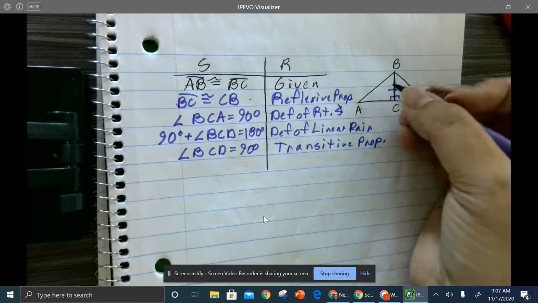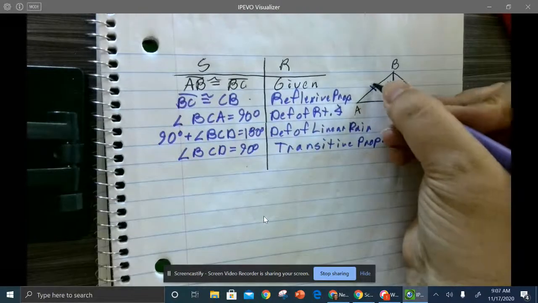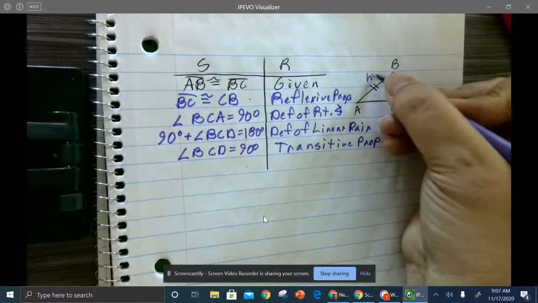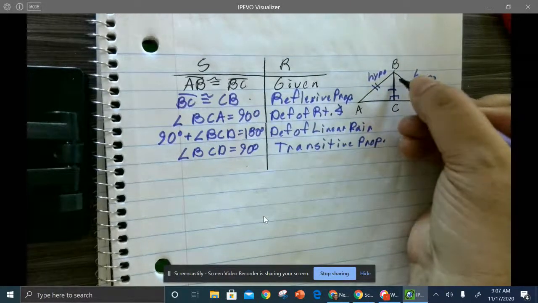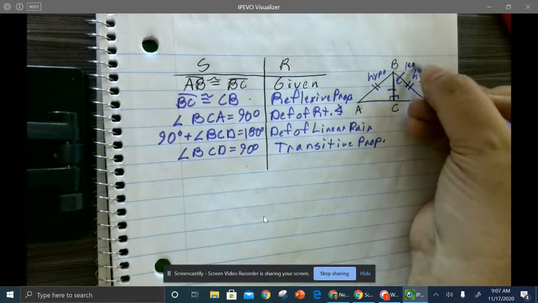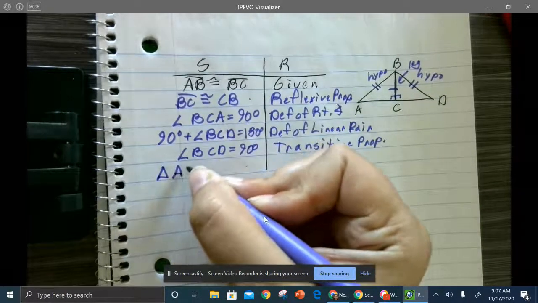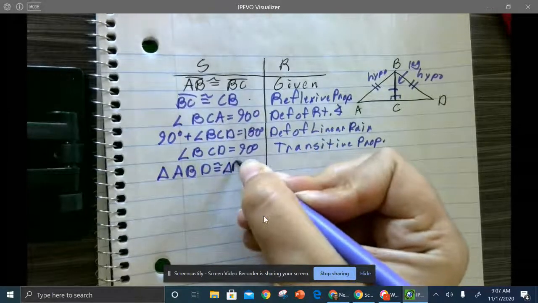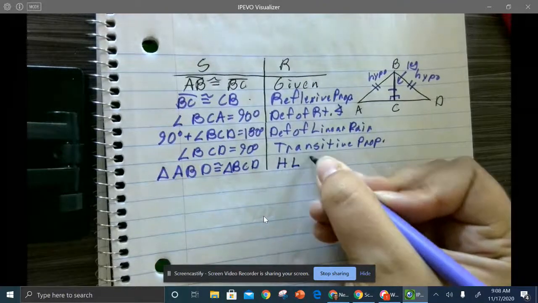Okay, so we said that they're congruent. We're given that AB is congruent to BD. Okay, so this is the hypotenuse, and this is the leg. Okay, so we can say that the triangles are congruent. So triangle ABD is congruent to triangle BCD by our hypotenuse leg postulate.